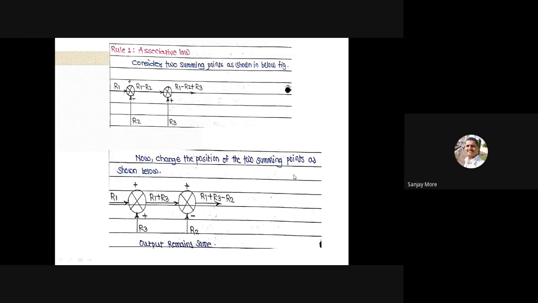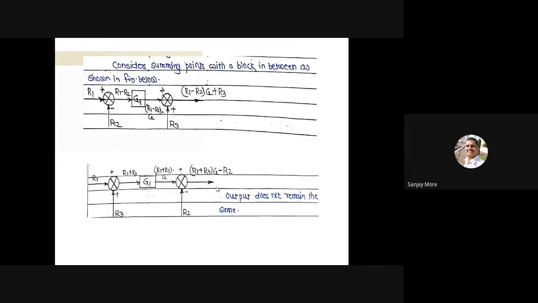Now change the position of the two summing points as shown below. R1 plus R3, R1 is plus, also R3 is plus. Then R1 plus R3, then at the next summing point, plus R2 minus, so R1 plus R3 minus R2. Okay. Output remains same. This is the associative law.